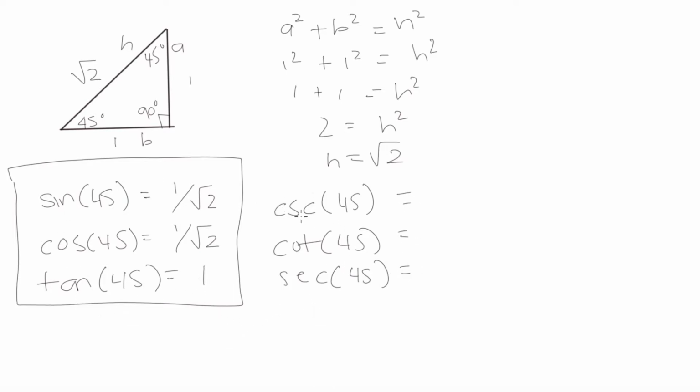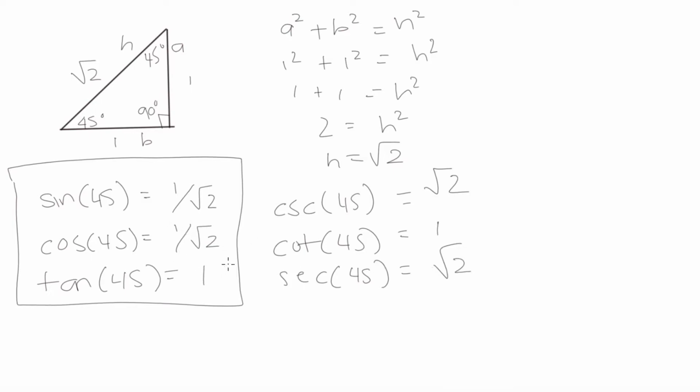So cosecant we know is the inverse of the sine function, which means that cosecant 45 is going to be root 2, because if we flip this, we're going to get root 2 over 1. Cotangent, that's the inverse of the tangent function, we're still just going to get 1. And secant, which is the inverse of the cosine function, is again just going to give us root 2 if we flip this.